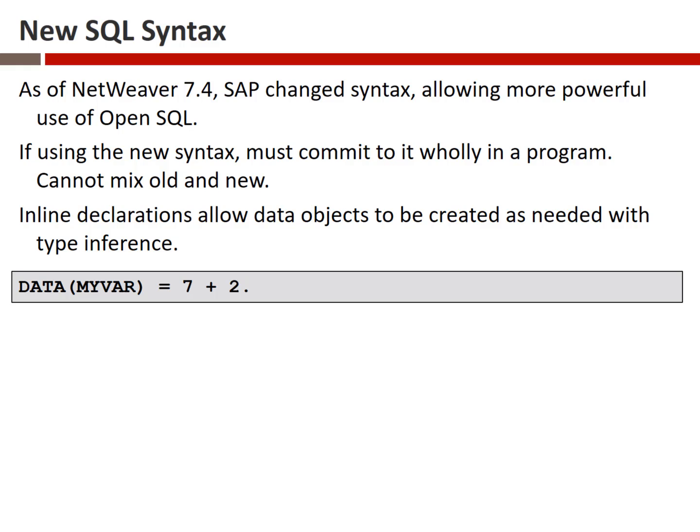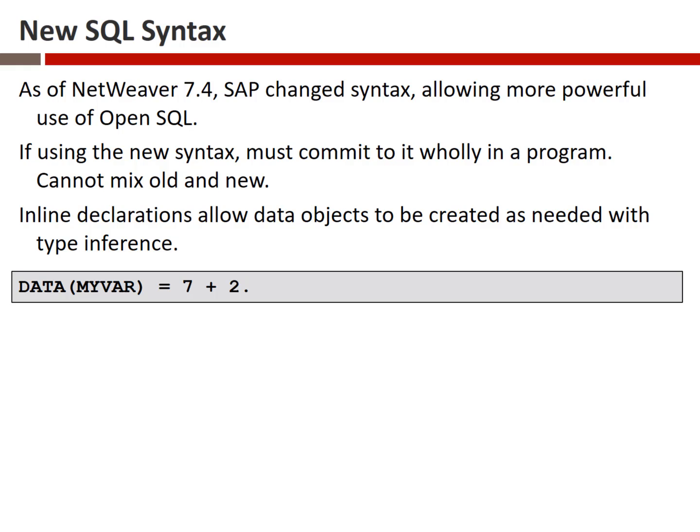So in this case, two things on that line of code. One is the data object myvar gets created as a brand new variable, and the type is set based on the context to be an integer, and then of course the value 9 is put in myvar as a result of the arithmetic being done.